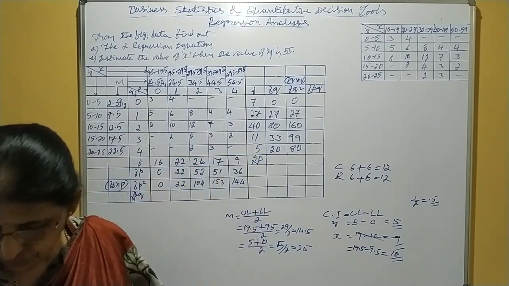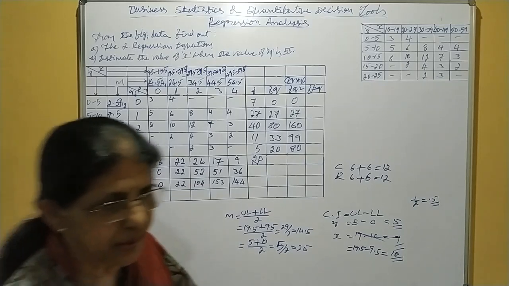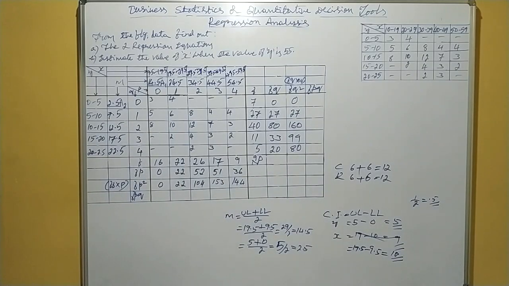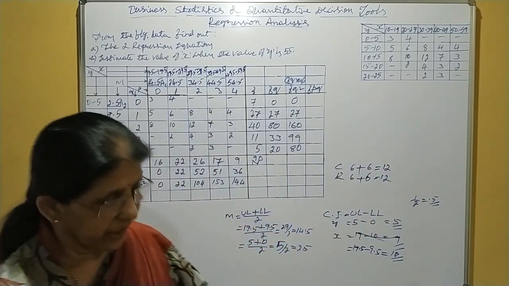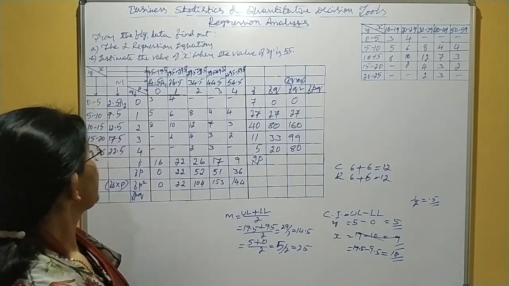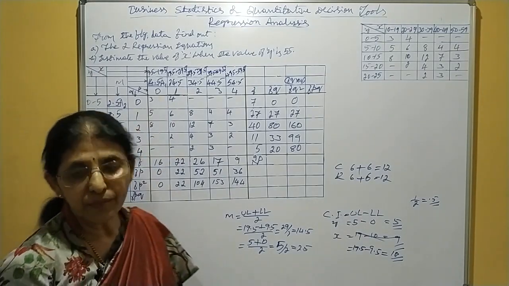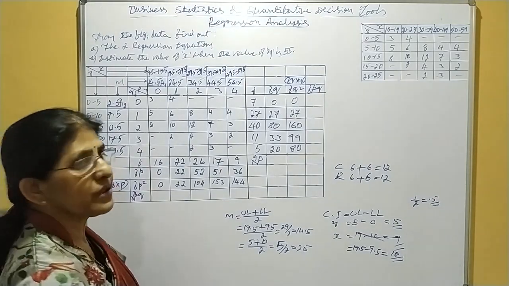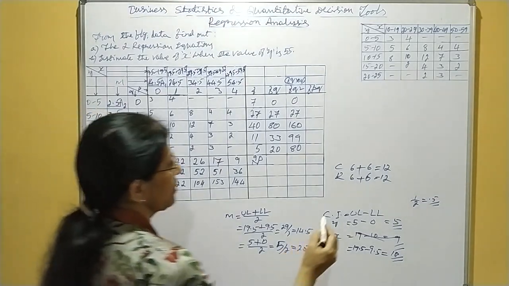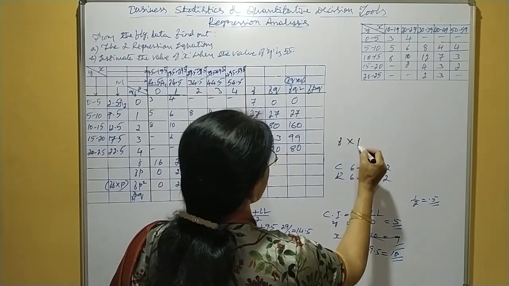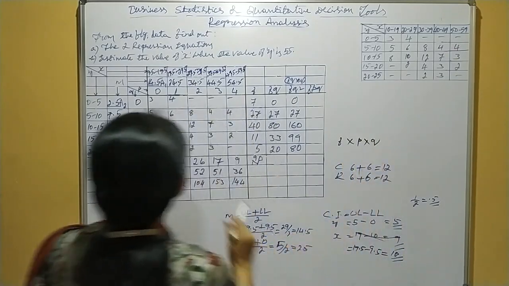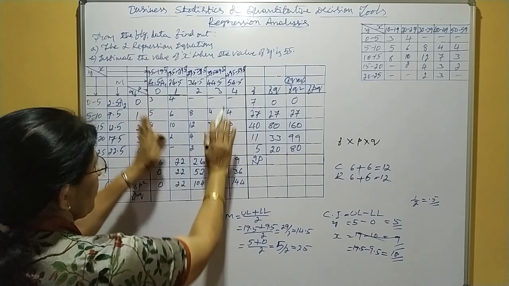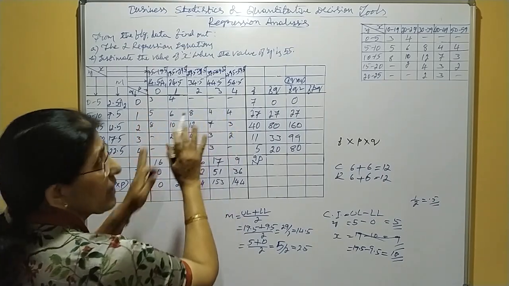Now, FPQ means what? F into P into Q. Here, we have taken first one as assumed mean of both P and Q. Therefore, here no question of minus signs. Just you have to multiply F into P into Q. These are the body of the table, numerical data in the body of the table.